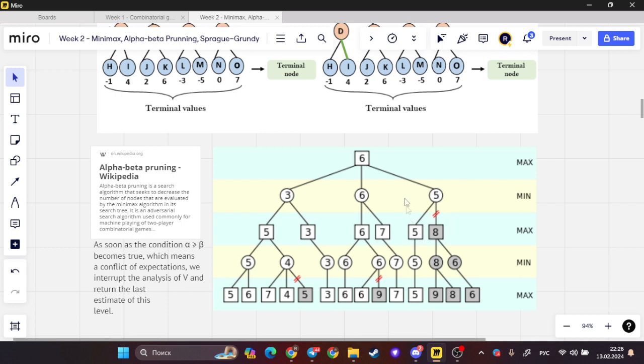For example, we have 6 for this. We have already 6 in this node. So we reach this leaf, then we return, and we get 5. 6 is bigger than 5. That means we don't need to visit this edge, this subtree.